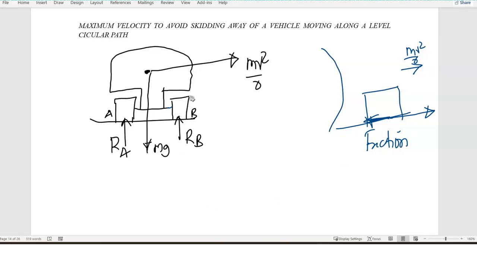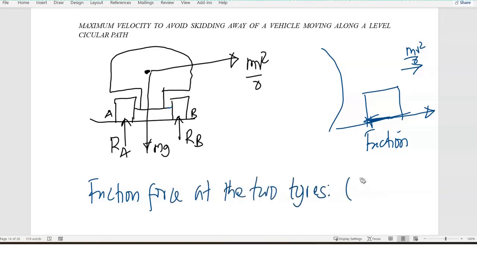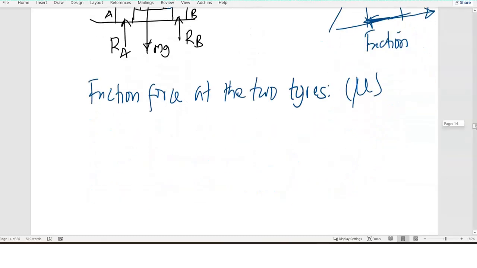So if we consider the two tires, what is the friction force? Friction force at the two tires. Now, I'm going to consider nu to be uniform. So let's have a coefficient of friction being nu and being constant.